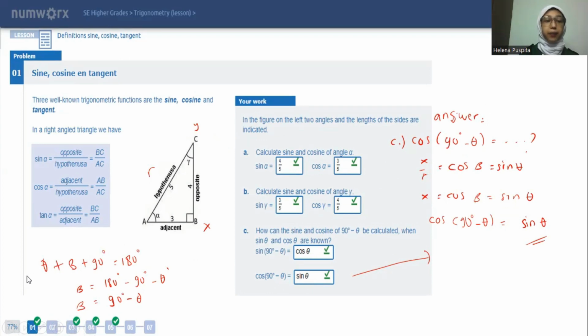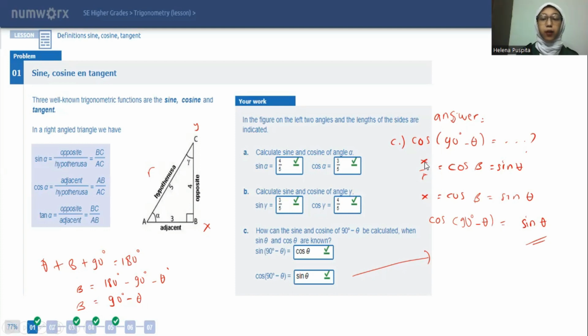For the first step, theta plus beta plus 90 degrees equals 180 degrees. Beta equals 180 degrees minus 90 degrees minus theta. Beta equals 90 degrees minus theta.